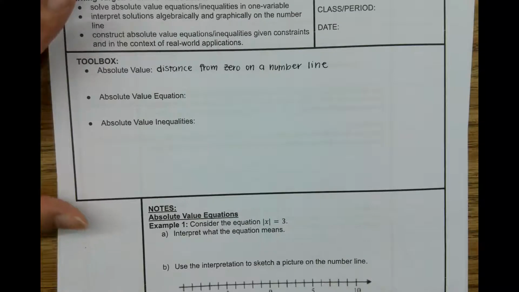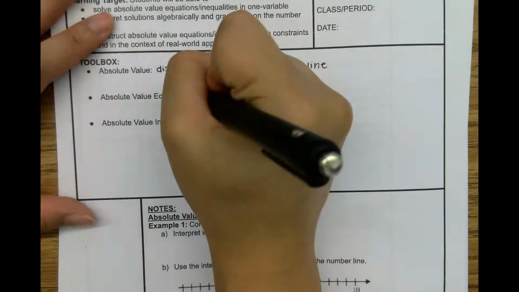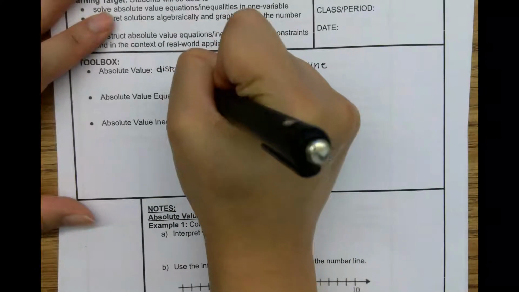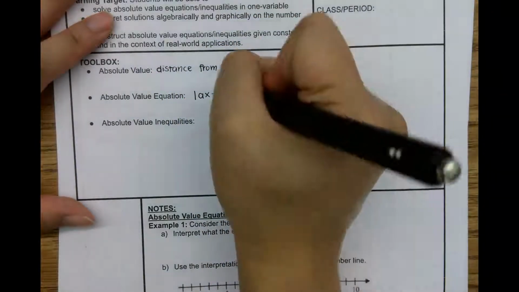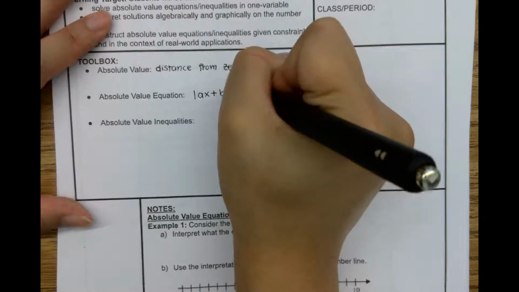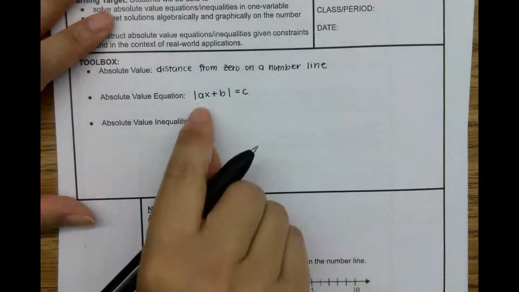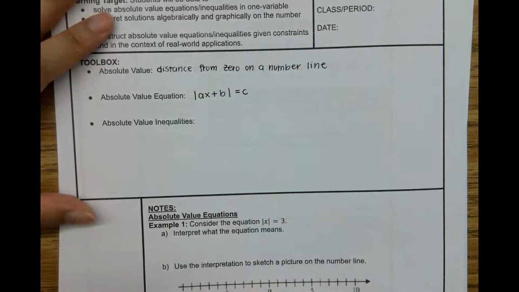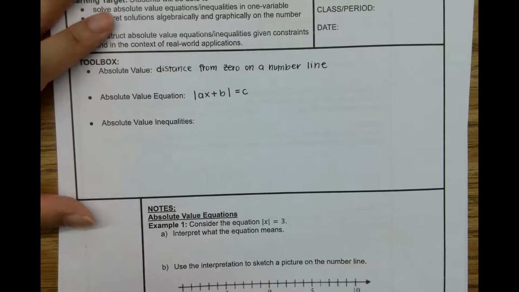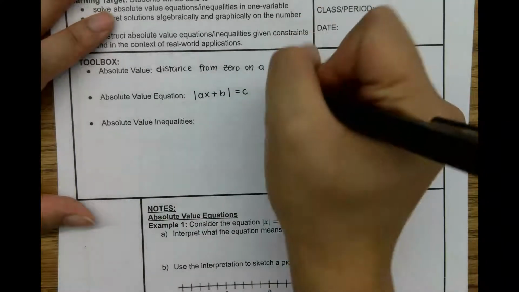So absolute value equations look like this: the absolute value of Ax plus b equals c. A is a coefficient and b and c are our constants. In order to solve an absolute value equation, we split it up.